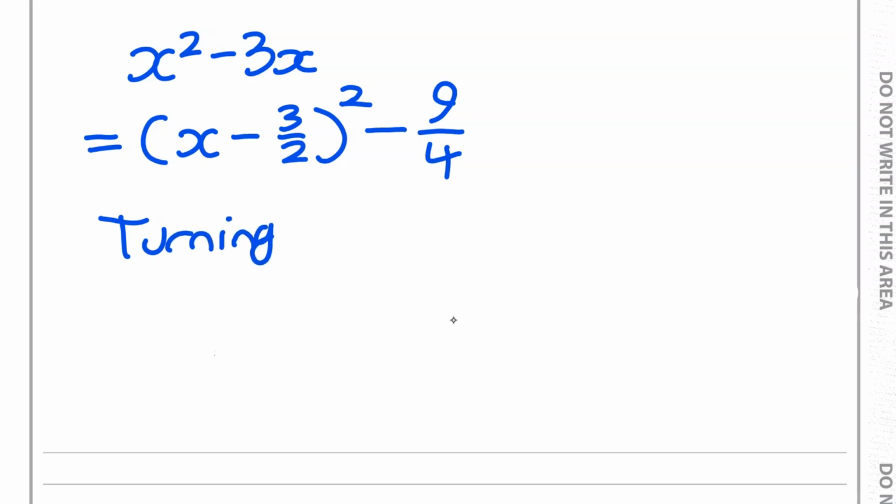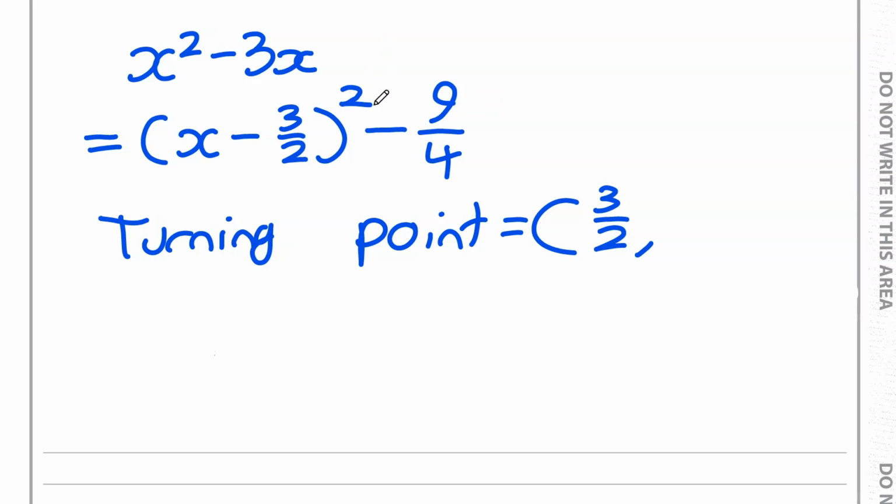And therefore if you remember how completing the square works, the turning point is going to be equal to, so the x coordinate is going to be the negative of this value here, so it's going to be minus 3 over 2, so it's going to be 3 over 2, this is the x coordinate, and the y coordinate is going to be this number here, this minus 9 over 4.